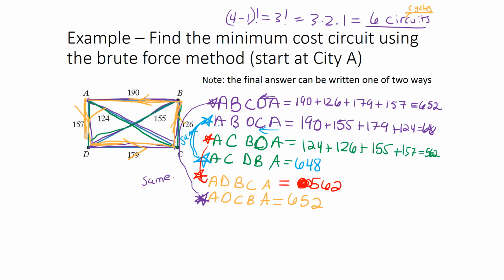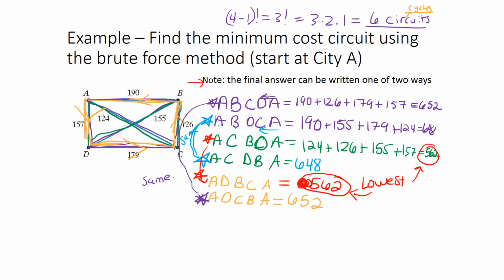So there will always be half of them that are duplicates of the other half. And that's why, note, the final answer can be written as one of two ways. So these are the lowest. And if you don't quite understand that backwards thing, you can just compute them all out like we did the first three.